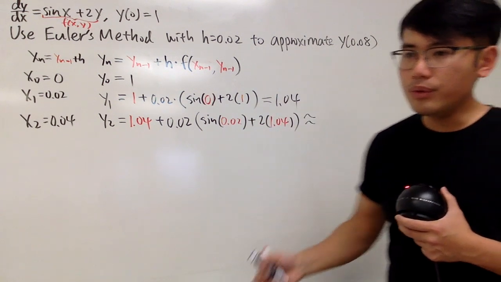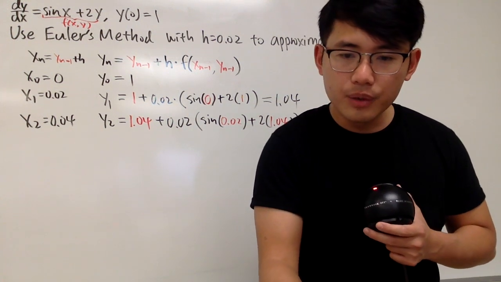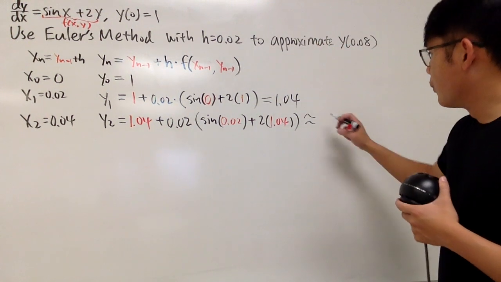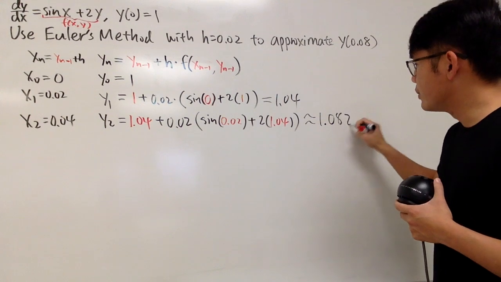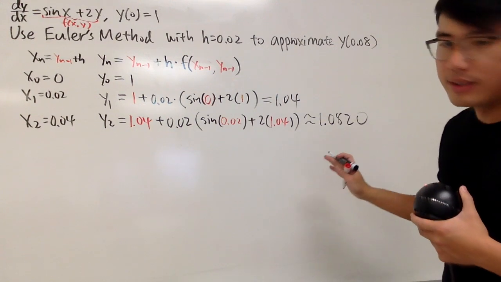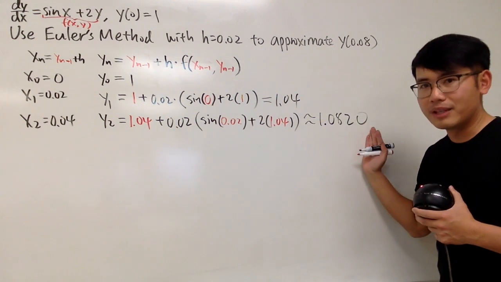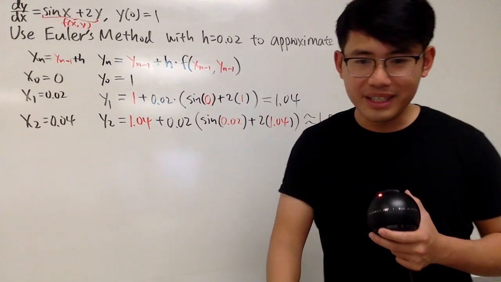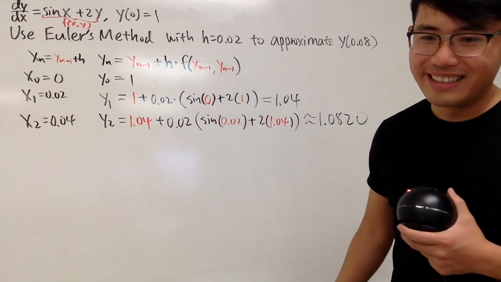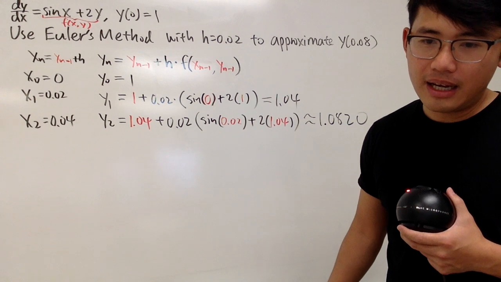And now, if you do that, you will end up with 1.0820. I'm just doing this up to the 4th decimal place right here.